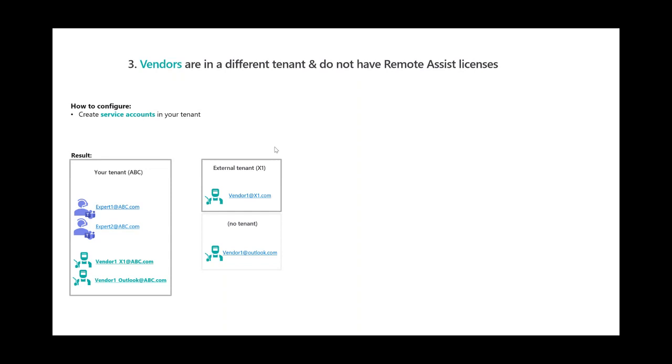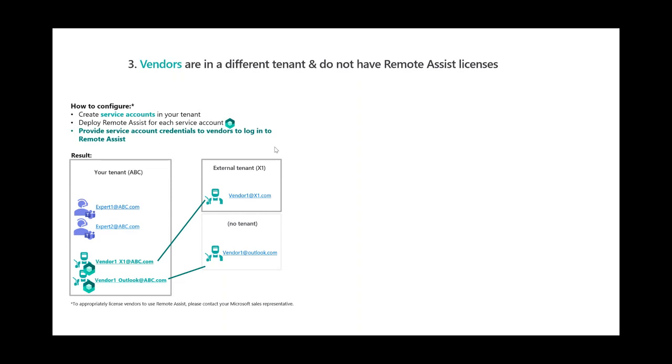And those are the emails that were just added in the very bottom of the ABC tenant box. So maybe the service account would be vendor1x1@abc.com or vendor1outlook@abc.com. Next, the ABC tenant will need to deploy Remote Assist licenses to each service account.